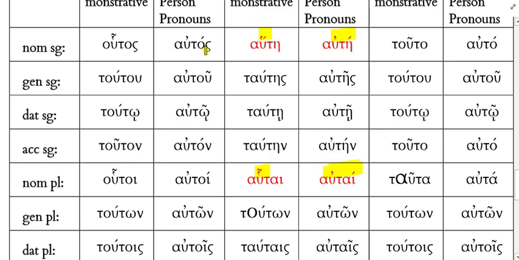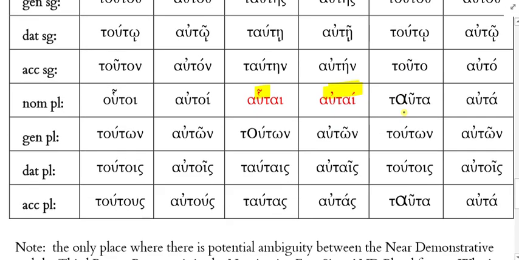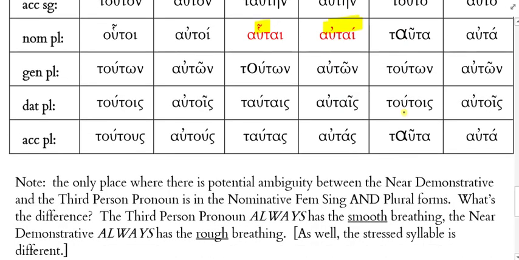Hautas versus autas, right? Shouldn't get those confused. By the way, all of the third-person pronouns always begin with au and never with a tau, right? You'll never see a tau in front of the third-person pronoun. It's only the demonstratives and the articles that do that. All right. Any questions here?